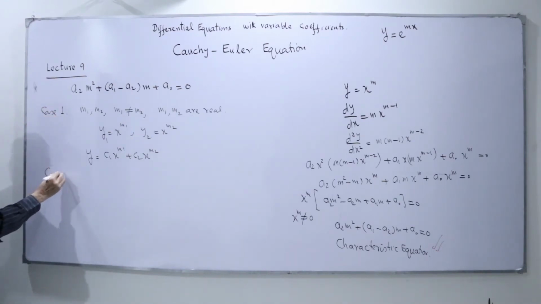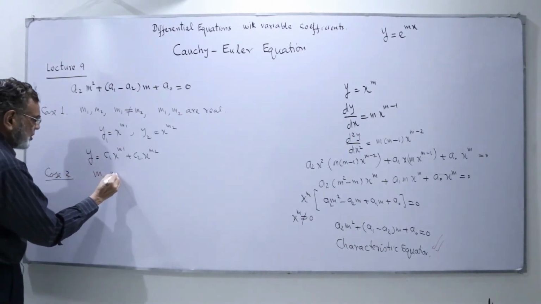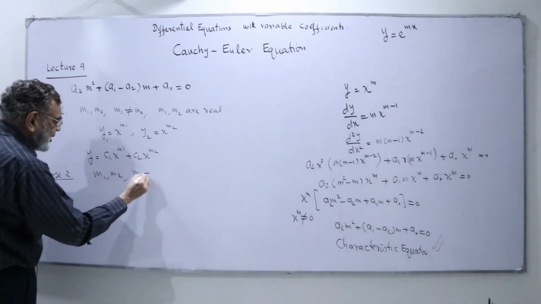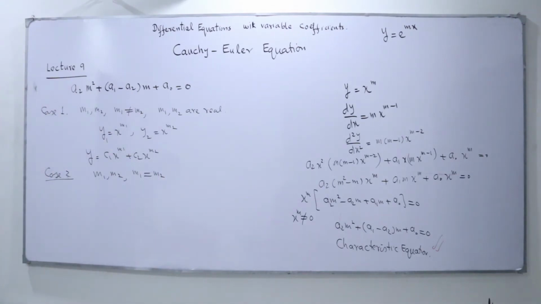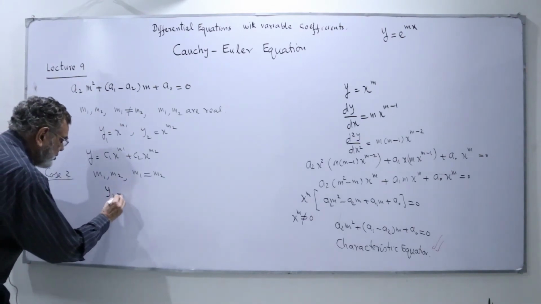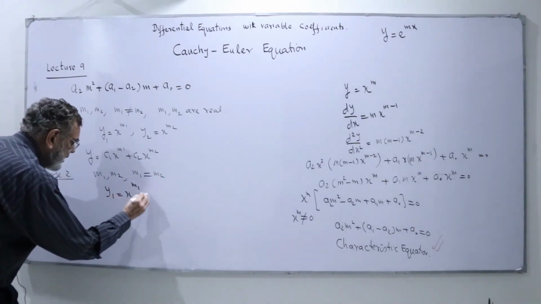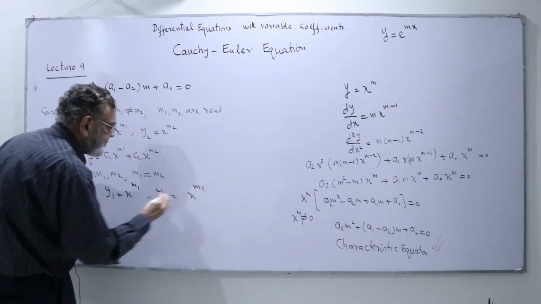Case 2 is, I'll get here the solutions m1 and m2, but we're having m1 is equal to m2, they are equal. When they are equal, now we want to discuss the solution. The solutions of this one will be y1 is equal to x to the power m1, and y2 is equal to x to the power m1.